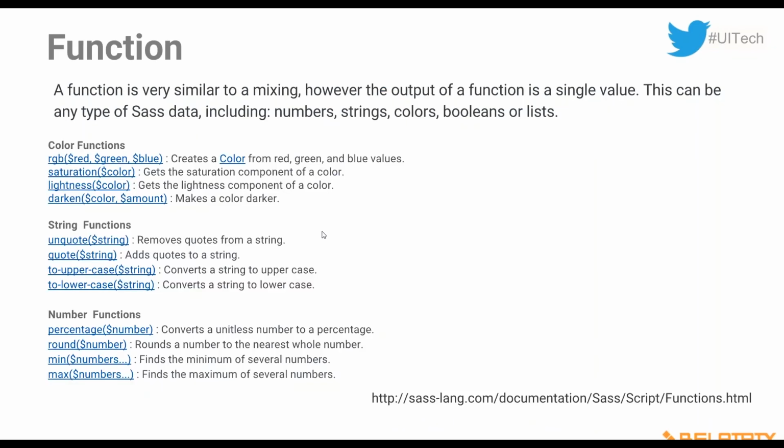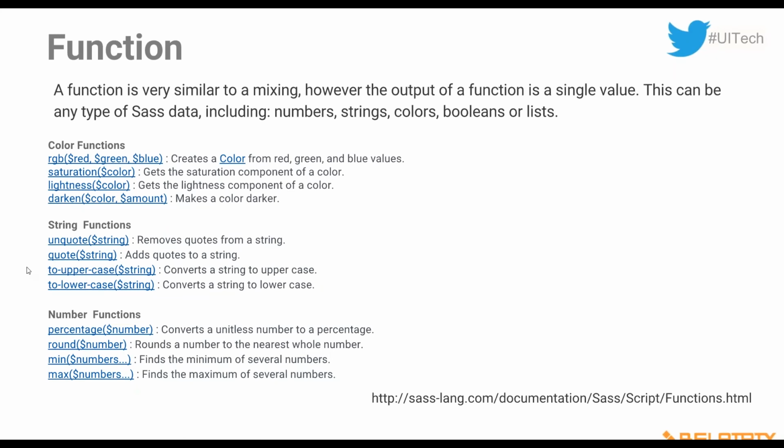Functions are very similar to mixins. That's the only difference: the output. In this case, it will return a single value, and this value can be any kind of SASS data type. It could be numbers, strings, colors, booleans, or lists. You will find a list of functions. Here you have some samples about how to manipulate colors, some string functions, and some number functions that are very useful.